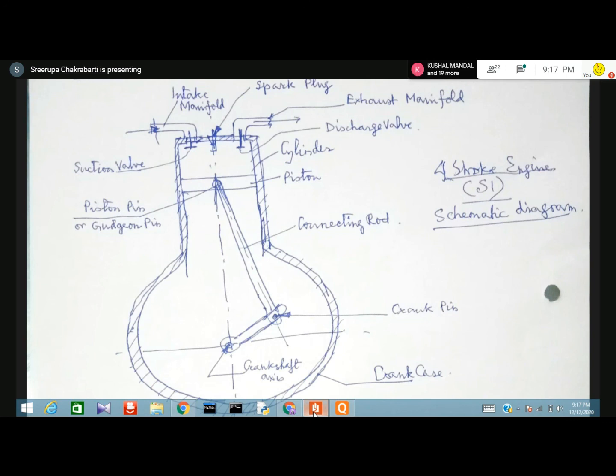Cost effective it will not be. So that's why, out of the total population of prime movers, 90%, more than that, maybe 95% comprises this kind of reciprocating internal combustion engines. And that is why we have to study it first.